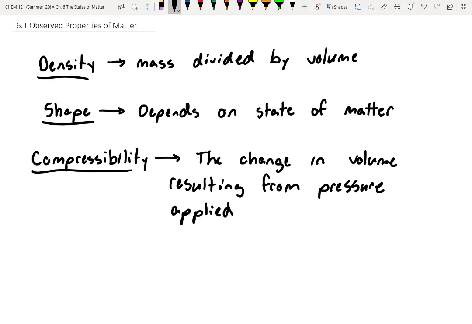So for example, a solid is a lot harder to compress than a gas. A gas, we could put pressure into some sort of closed system and actually squeeze that gas down so that it takes up a smaller volume.